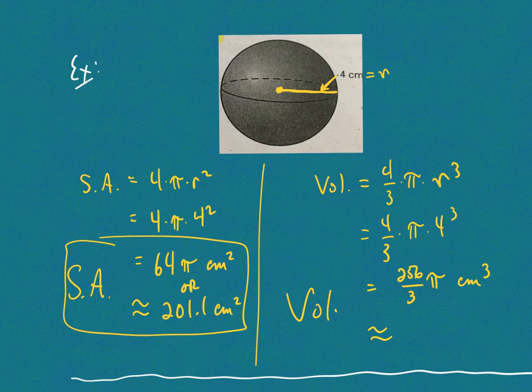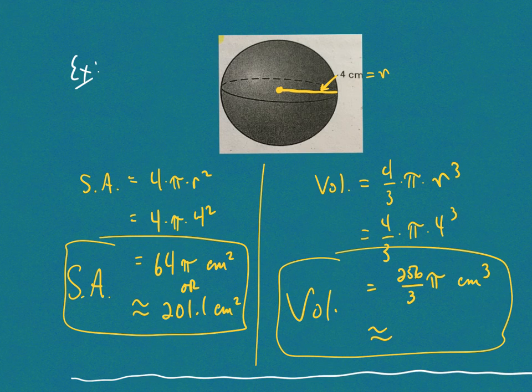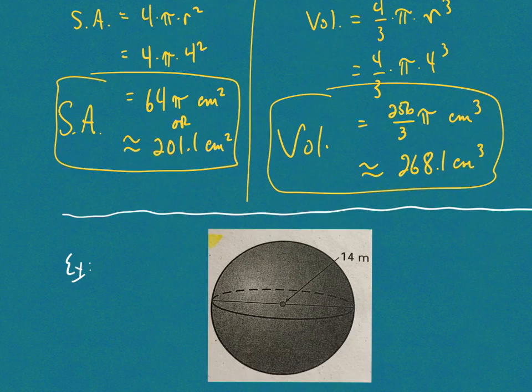Or again, I'll give you the approximate as well. So let's see, 256 divided by 3 times pi. If I punched it in okay, I got about 268.1 cubic centimeters. All right. Okay, one more example like that.